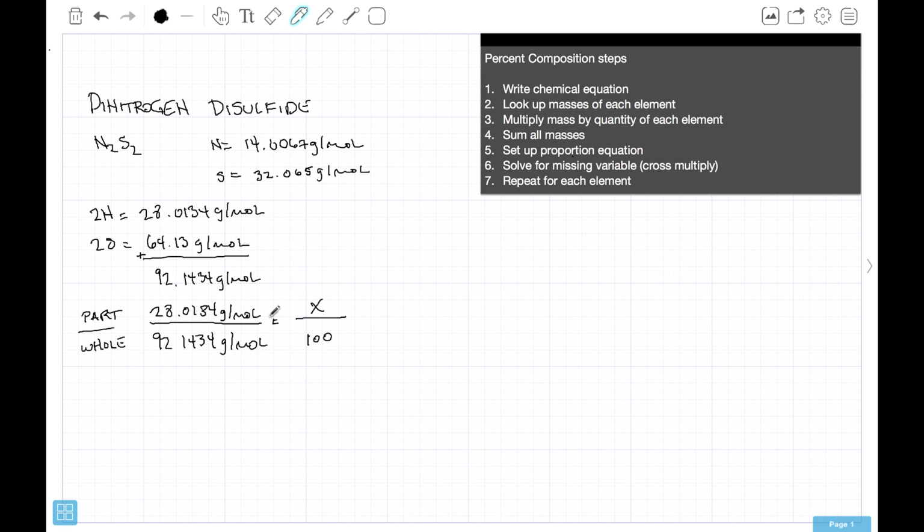So in solving for X, we'll cross multiply and we'll wind up with 2,801.34 equals 92.1434 X. Division will set X by itself.